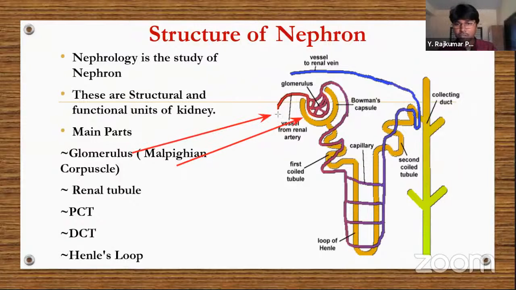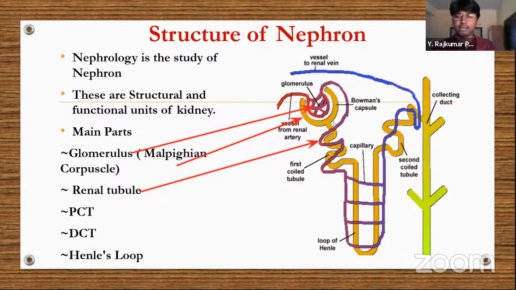the network of blood vessels which is present in the Bowman's capsule is called glomerulus. And renal tubule. Tubule means this tubular network around this PCT and DCT, and the nephron is called renal tubule.